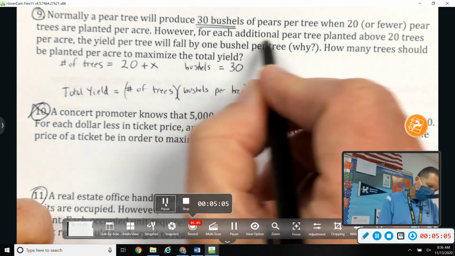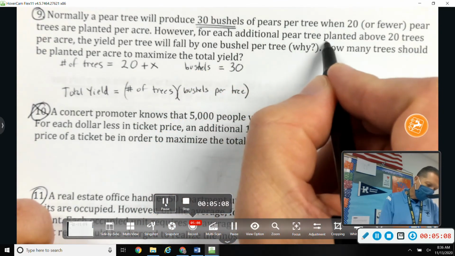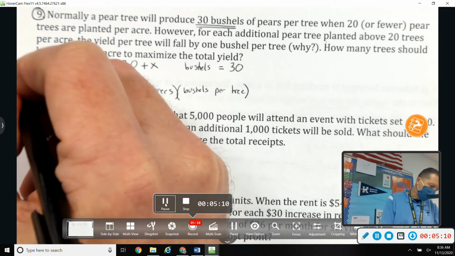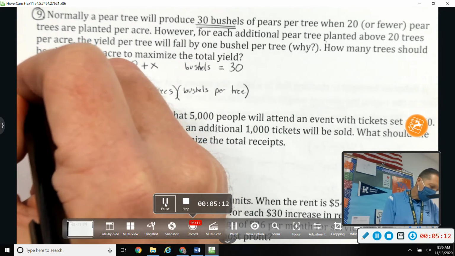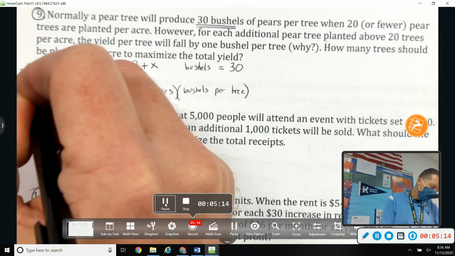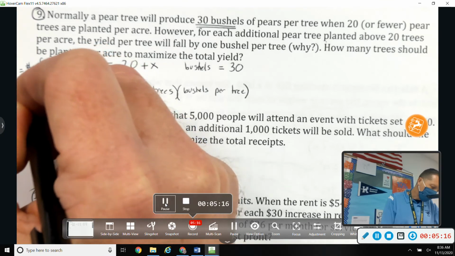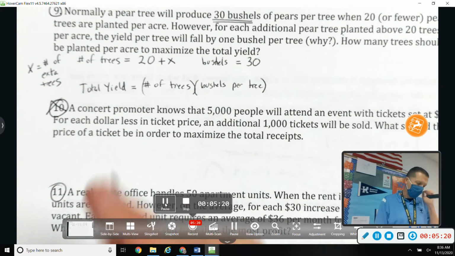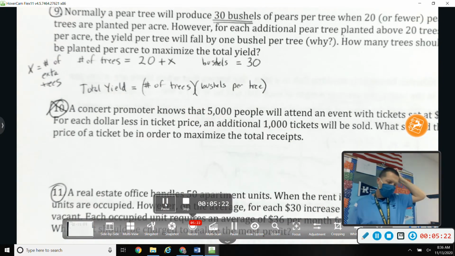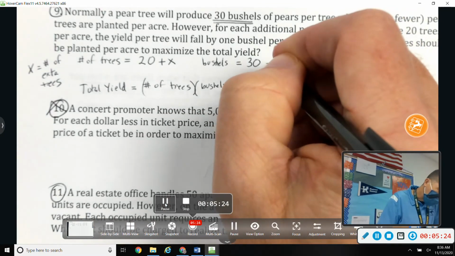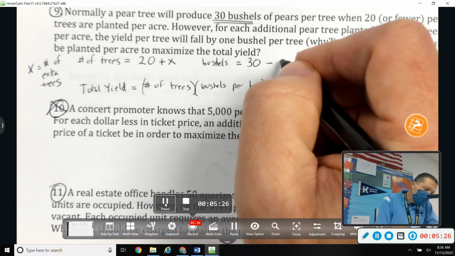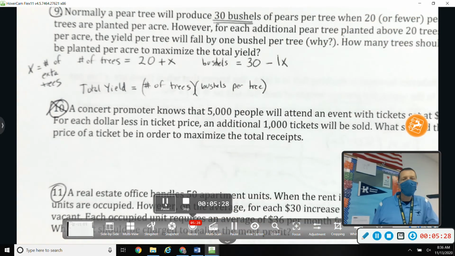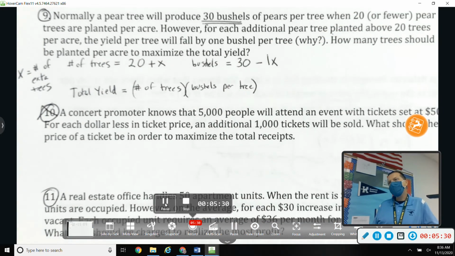But for each additional tree, so X was the number of additional trees, number of extra trees, is what X represents. So 20 plus X is our new number of trees. The bushels, though, are going down 1 per tree. So for each tree we plant, we lose a bushel on each tree.